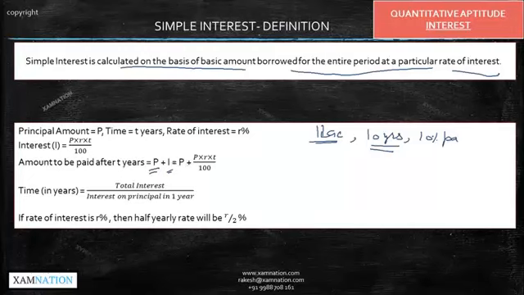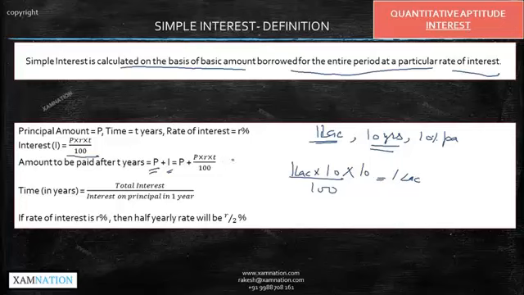This interest earned will be calculated from this formula: P into R into time upon 100. So it is 1 lakh into 10, where 10% is the rate and time is 10 years, upon 100. So the interest is also coming out to be 1 lakh. The amount that the lender will get after 10 years will be 1 lakh principal amount as well as 1 lakh interest. So it will be 2 lakh rupees.